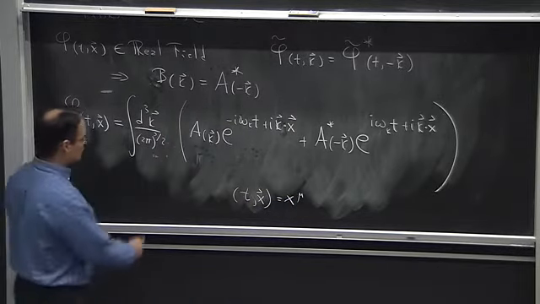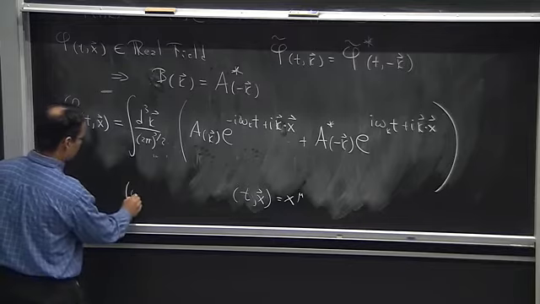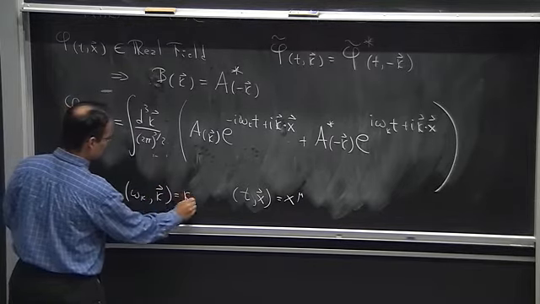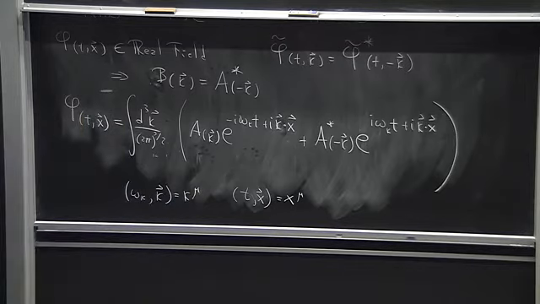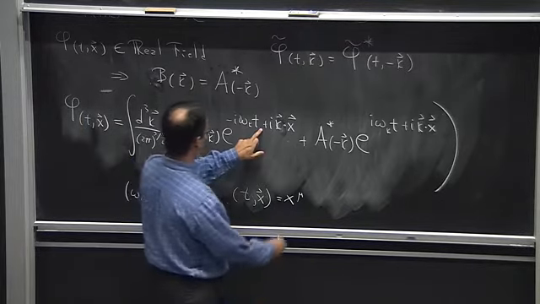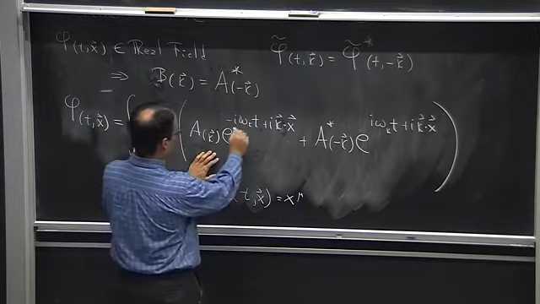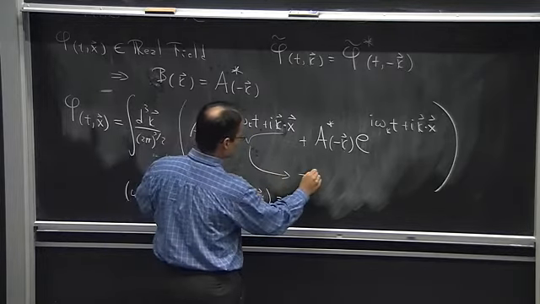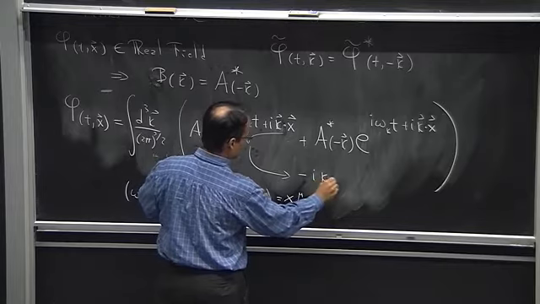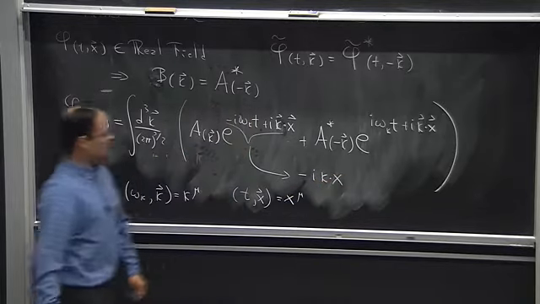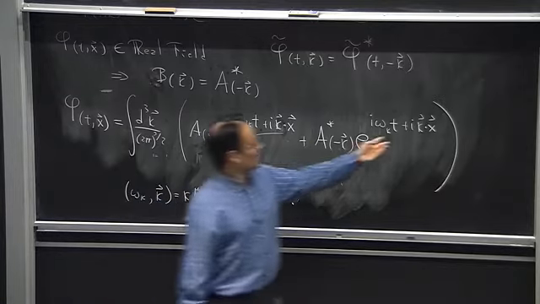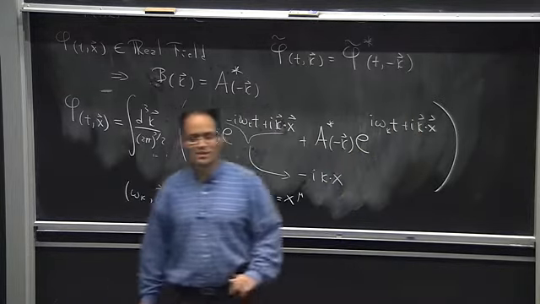So it seems natural to also define omega_k and k as a 4-vector. And then this object over here looks like minus i k dot x. So that looks pretty good, except that here things don't quite work out.